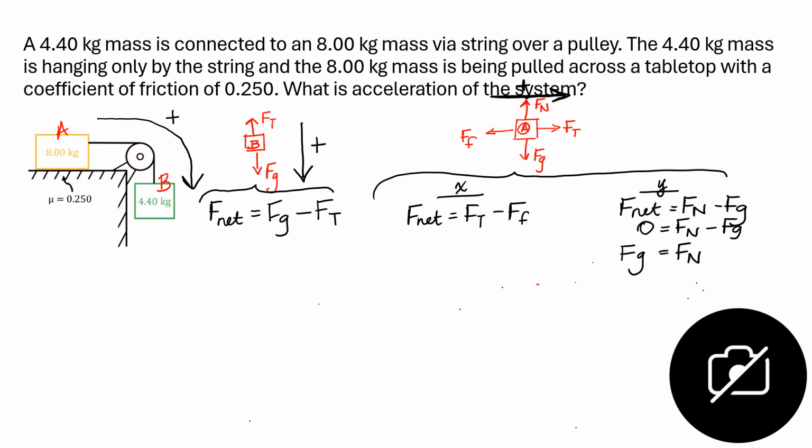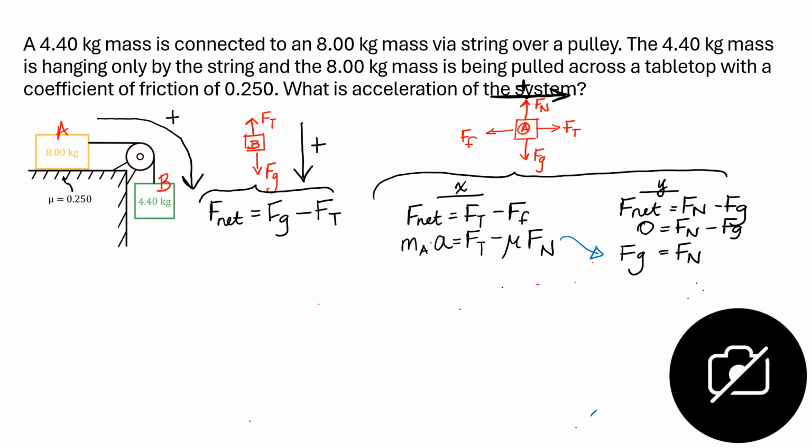So let's look at the X direction for box A. F-net always equals ma, and m, it's the A one, times a equals the force of tension minus mu F normal. Remember, that's the equation for the force of friction. Looking over to the right side, you can see you know what the force normal is.